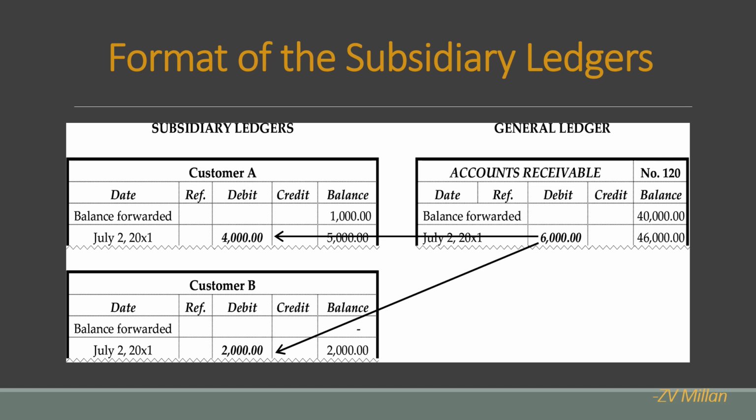As you can see in the figure on the left side, there's a date column in the subsidiary ledgers. There's also an explanation column, reference column, debit column, credit column, and balance column. So this is the general format of the subsidiary ledgers.